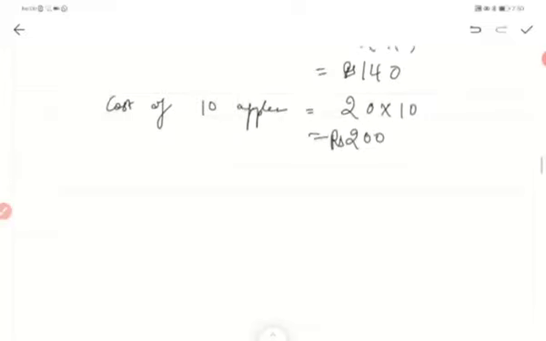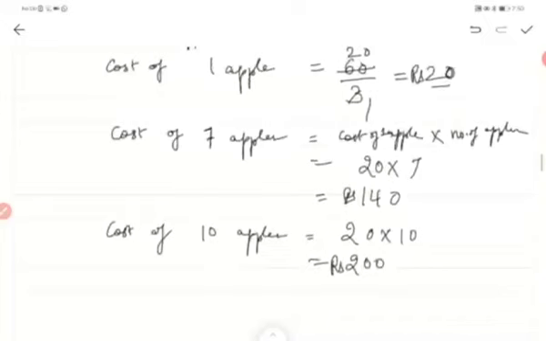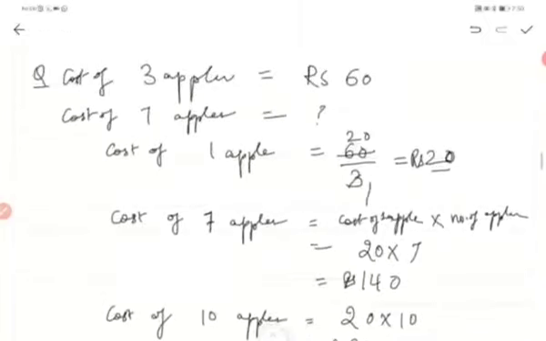So here you remember when to multiply, when to divide. तो एक चीज़ याद रख लो आप लोग.